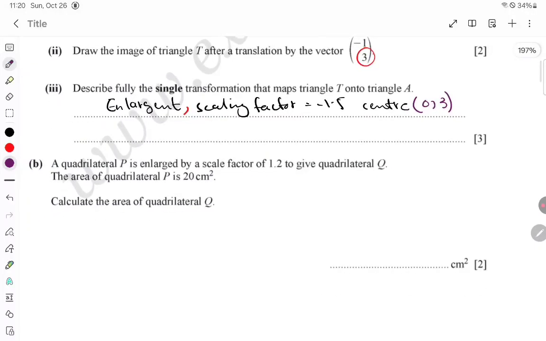In part B, a quadrilateral P is enlarged by a scale factor of 1.2 to give quadrilateral Q. The area of quadrilateral P is 20 centimeter square.